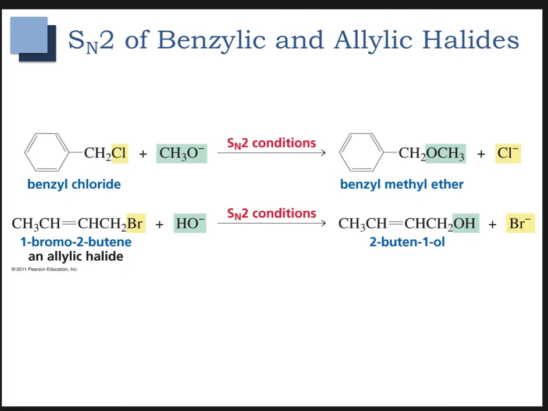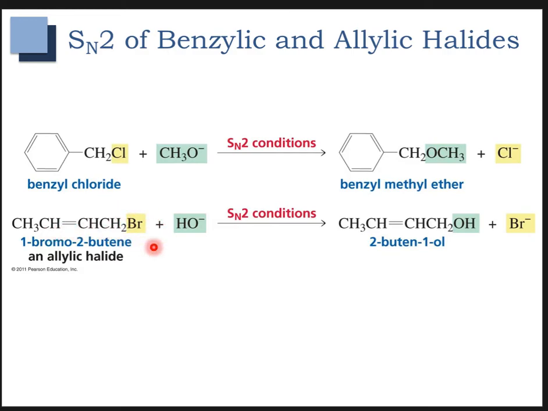So just a couple of quick things before we get into that. We're going to look very quickly at benzylic and allylic halides. Now remember that benzylic halides are going to have a benzene ring and then a CH2, and then of course the alkyl halide. And allylic are going to be a double bond with a CH2 and then an alkyl halide.